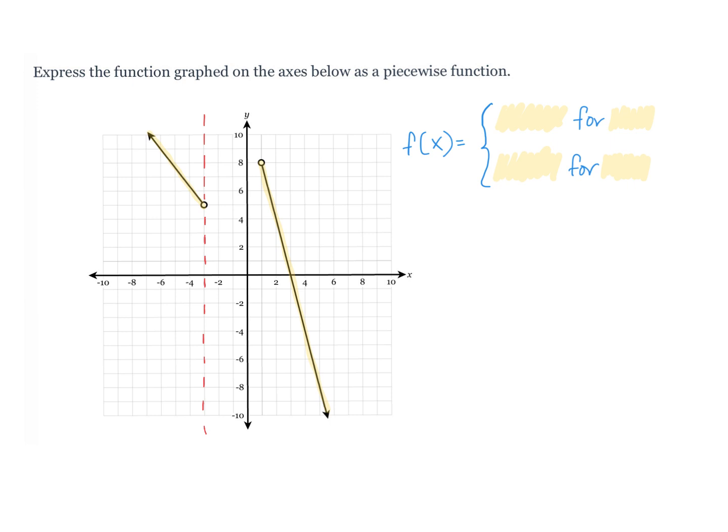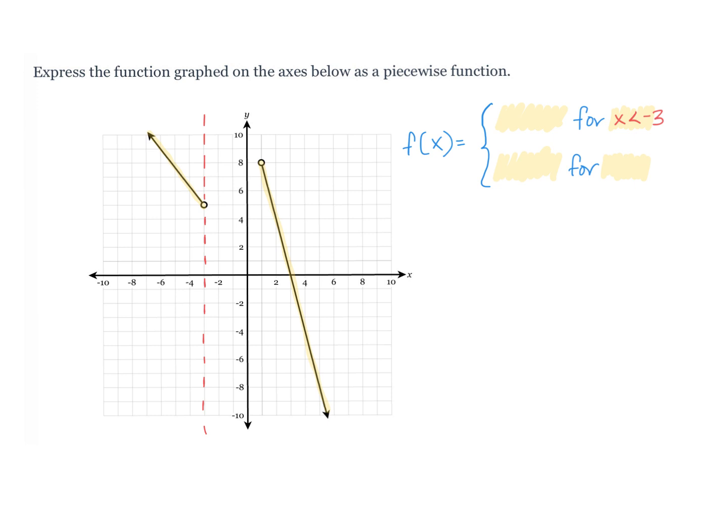And we could see that everything on that line, all the x's on that line, would have to be less than -3. This little open circle is at -3, and all of these other points on that line are less than -3. So I know that the subdomain for that first line on the left is x is less than -3.